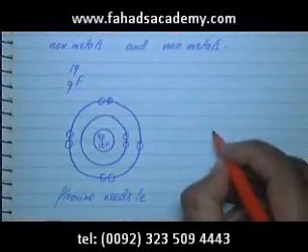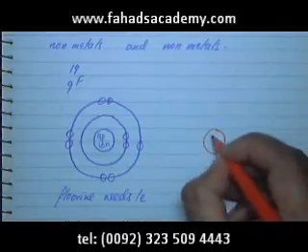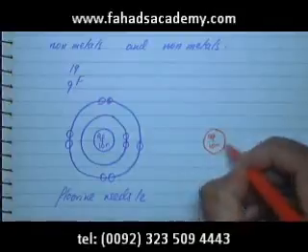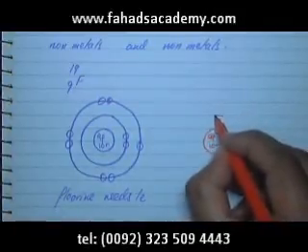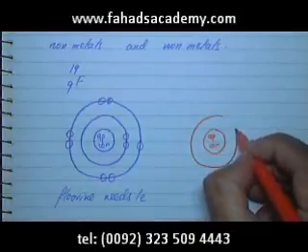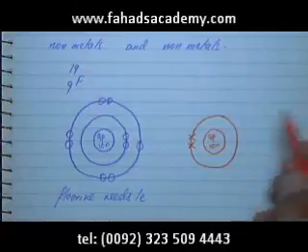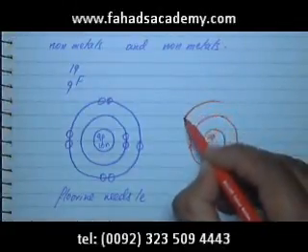I'm going to draw another fluorine atom over here. This here is the nucleus. It's going to have 9 protons and 10 neutrons as well, and there would be 2 electrons. I'm drawing those 2 electrons by crosses, and there would be 7 electrons in its outermost second shell.